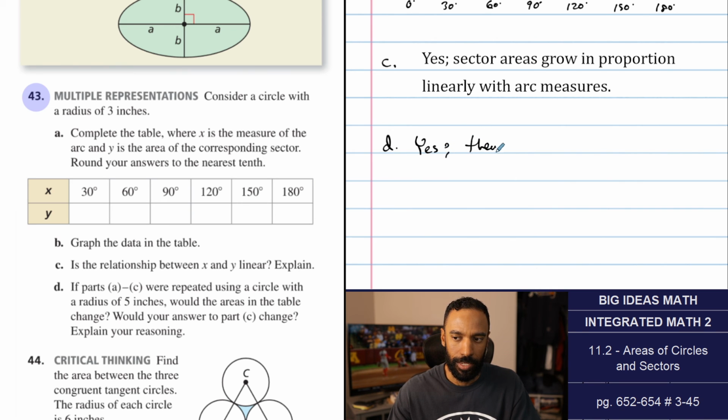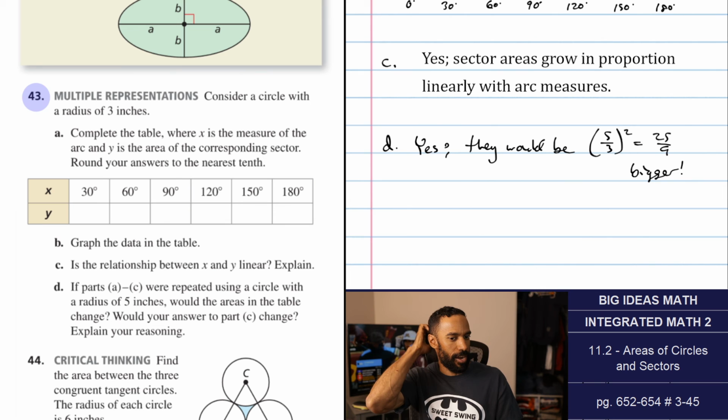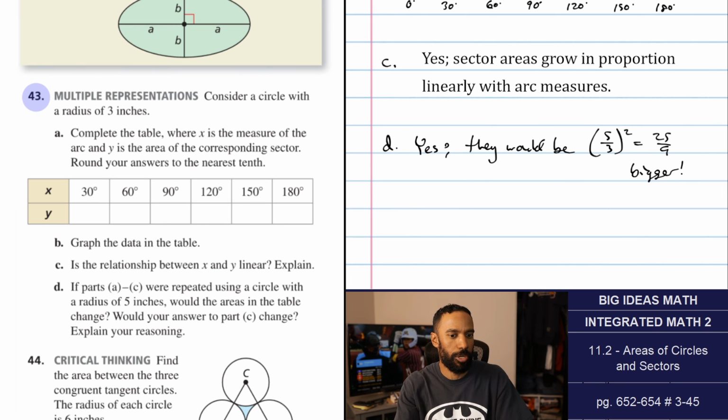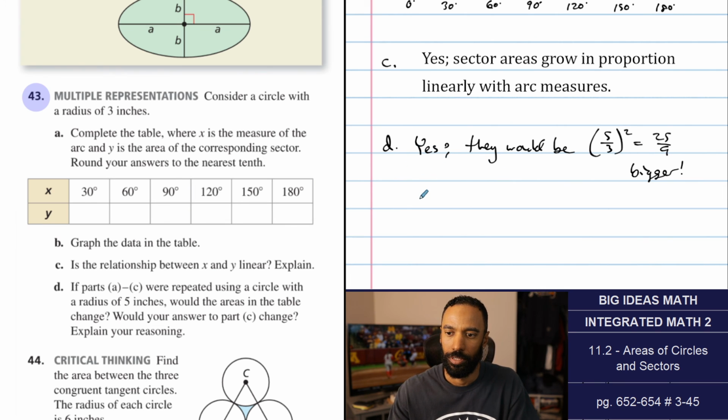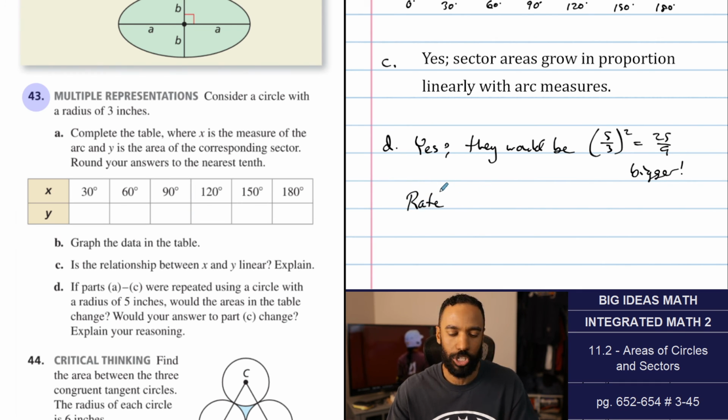They would be 5/3 squared bigger, 25/9 bigger, each of them. Again, areas are squares of lengths. Would your answer in part C change? No. The relationship would still be linear.